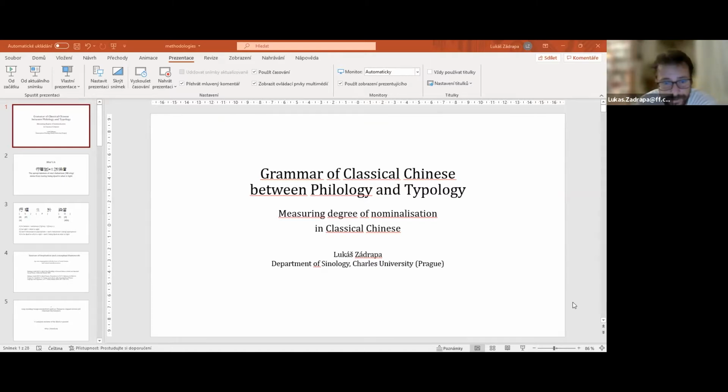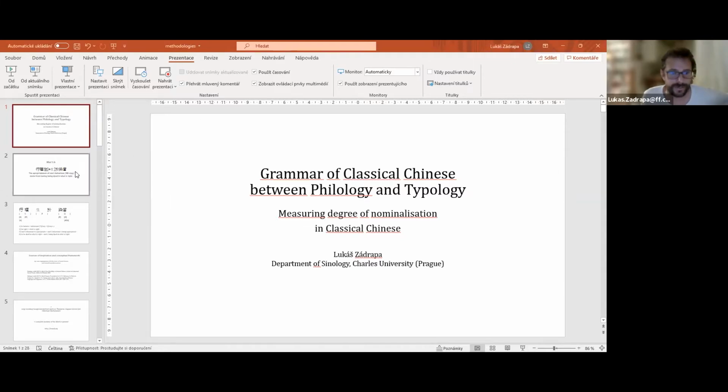I think that Classical Chinese is a language that should be studied in the framework of typology and deserves to be studied so, because otherwise it is just enclosed in its own philological tradition. And on the other hand, typology or general linguistics tends to disregard the data from this relatively interesting language. So this is why I called it in this way.